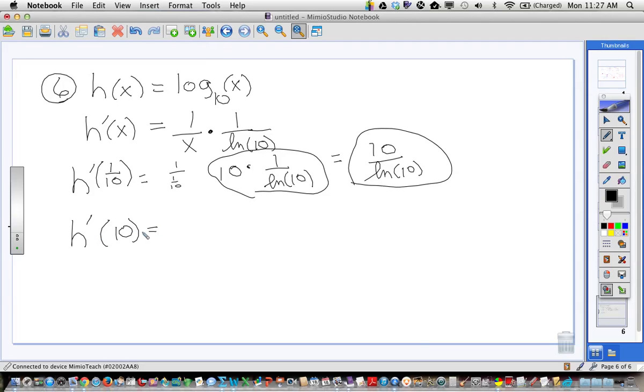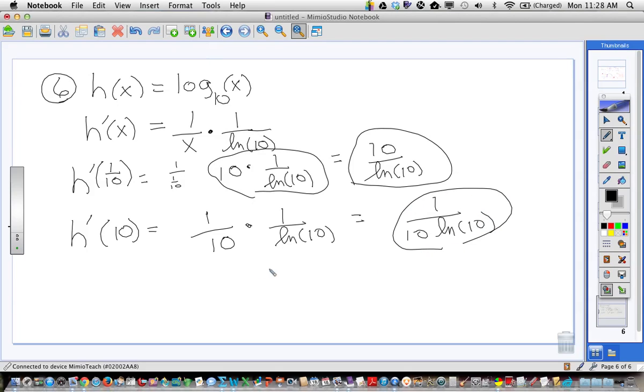What about h prime of 10? Well, no. We put a 10 in for x. So that'd be 1 over 10 times 1 over natural log of 10, right? Which you could just leave, or you could write 1 over 10 ln 10.